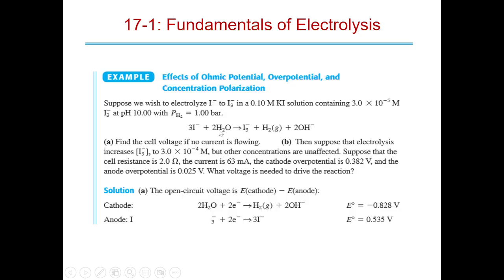So if we think about this H2O going to OH minus and H2, well, these are neutral again, right? The H's are neutral. The OH has gained a negative charge. You see that? This is an easy way to tell reduction versus oxidation, by the way. You look at these two. If it splits into two components, or just a series of components, and one of them has a negative or positive charge, that tells you whether it's been oxidized or reduced.